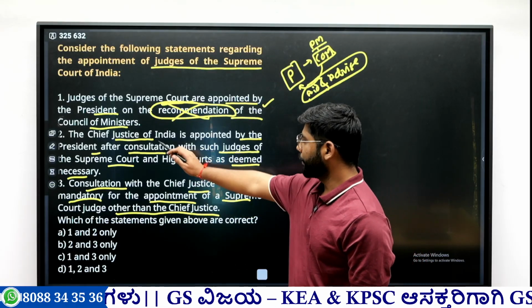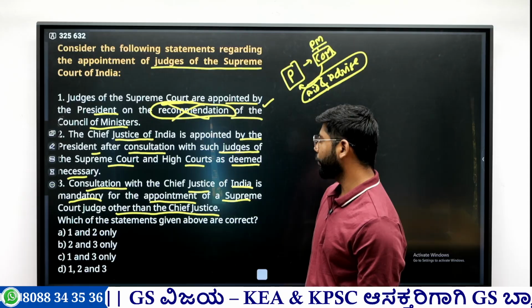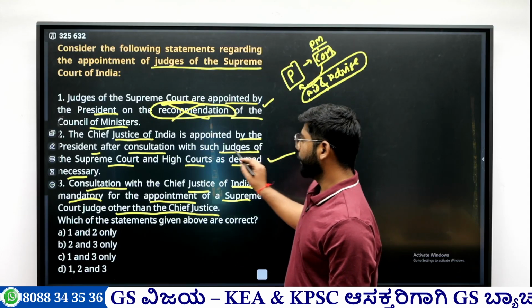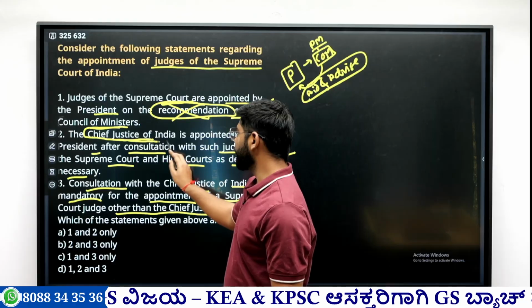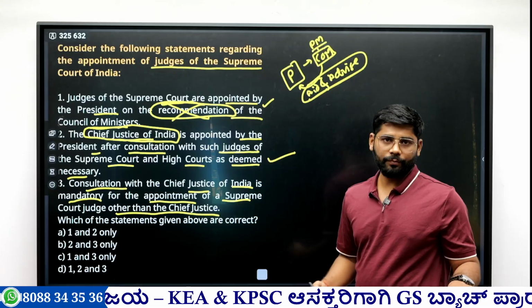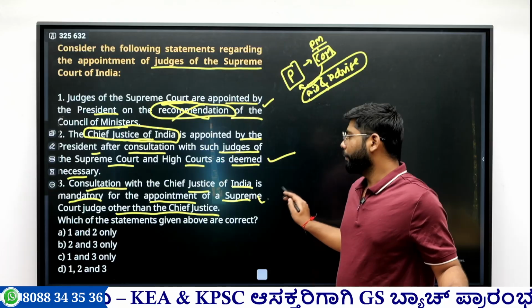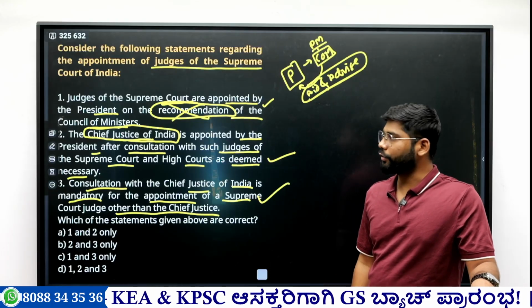Then the Chief Justice of India is appointed by the President after consultation with such judges of the Supreme Court and High Court as deemed necessary. Yes, when it comes to the appointment of the Chief Justice of India, the President needs to consult the judges of the Supreme Court as well as the High Court. This is the mandatory condition laid down in the Constitution.